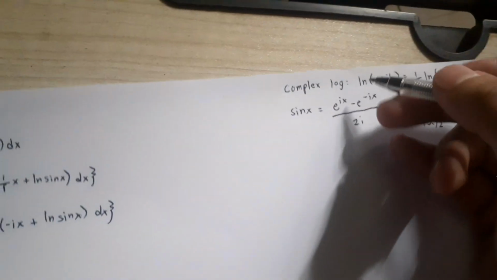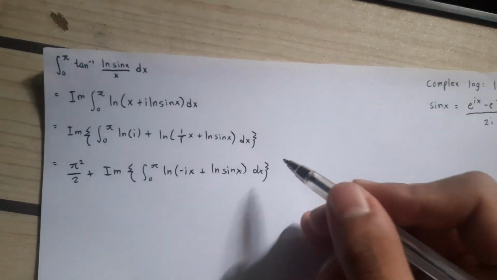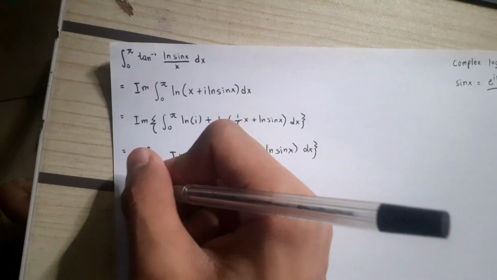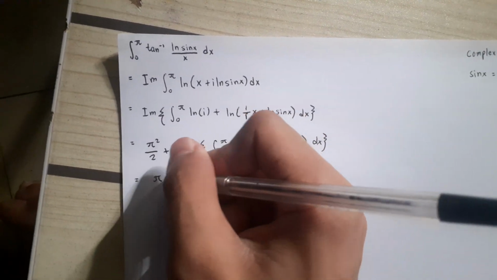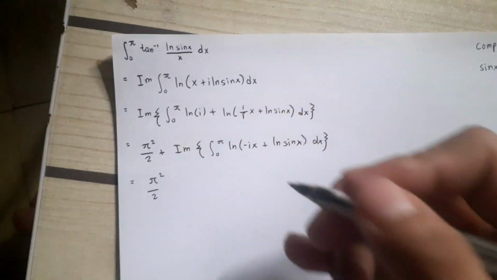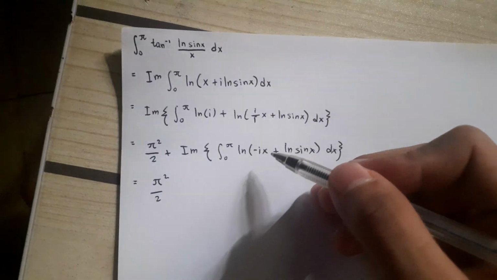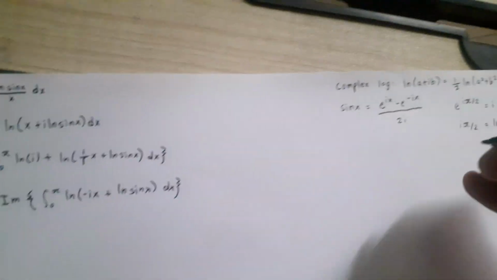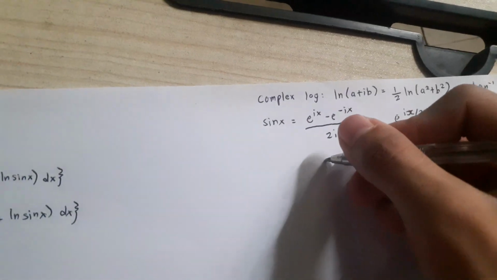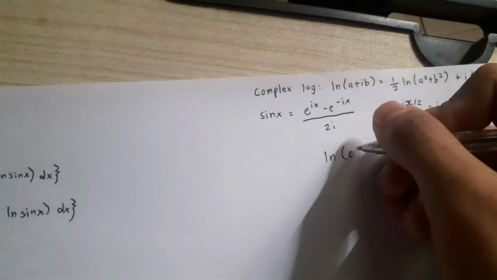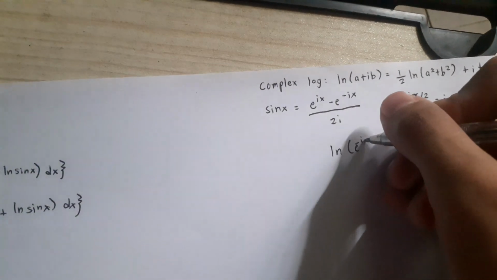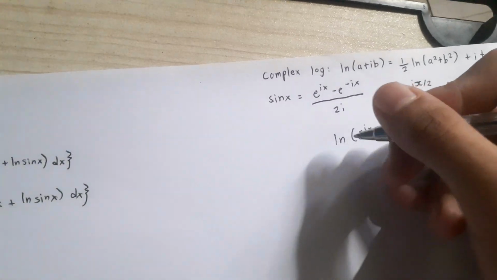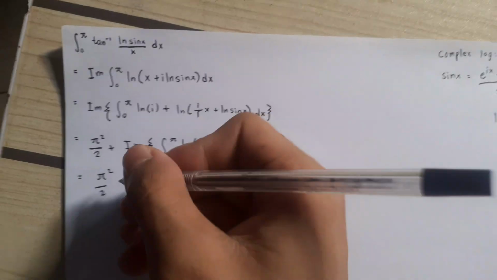I also just want to add that ln of e raised to negative ix is the same as negative ix.